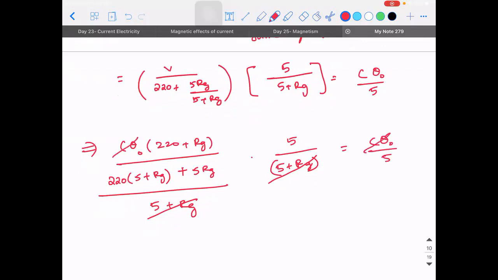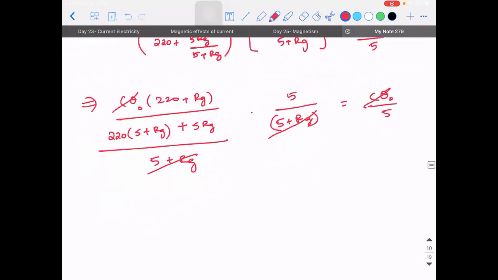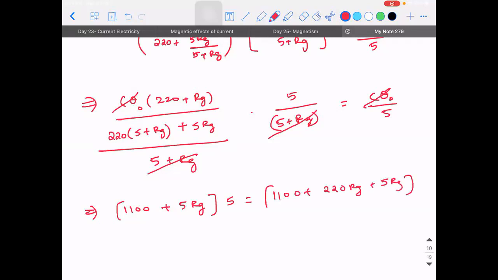So C theta naught and C theta naught are gone, which implies, now tell me guys, 1100 plus 5 times Rg, the whole multiplied with 5 is equal to 1100 plus 220 Rg plus 5 Rg.